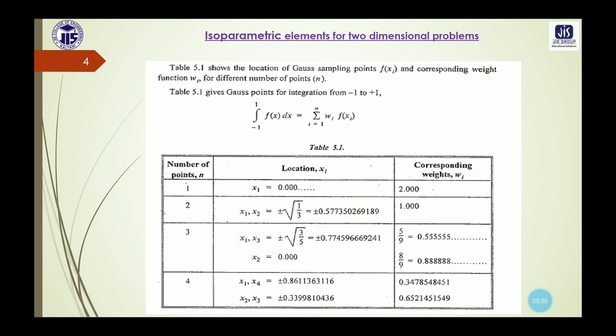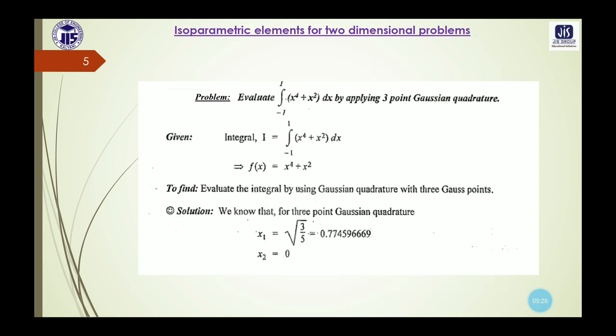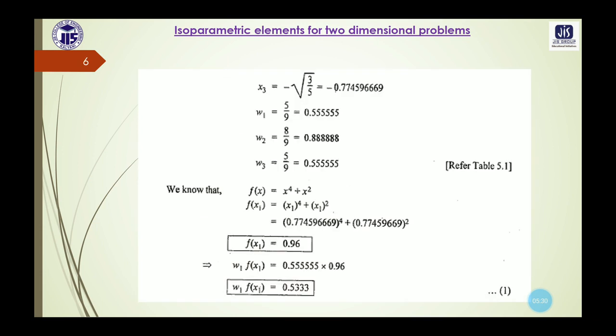Now corresponding to x1 and x3, the weight W is 5 by 9, that means 0.555, and corresponding to the location x2, the value of weight W is 8 by 9, that is 0.888. So these values we will use in this numerical. So here we have seen that the value of x1 is plus root under 3 by 5, x2 is 0, and x3 is minus root under 3 by 5, that means minus 0.77459.